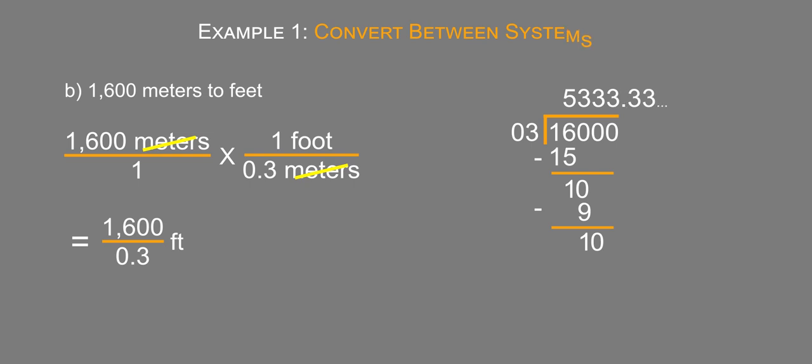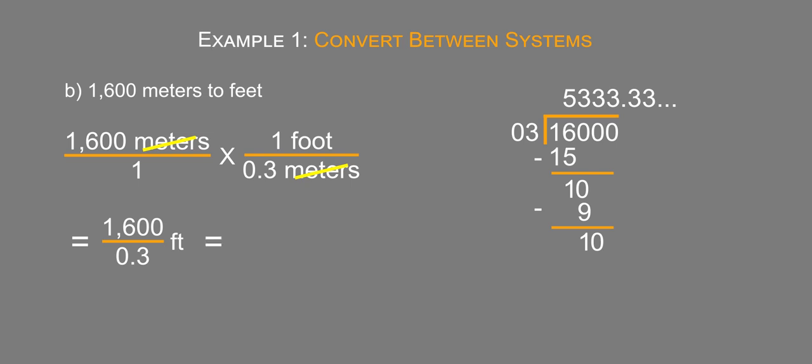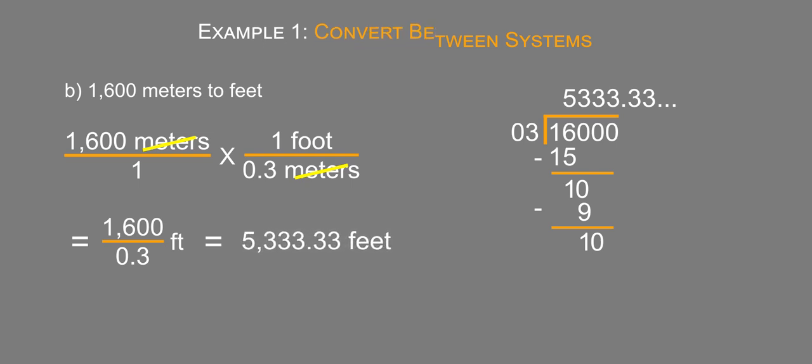So using the chart on page 320, 1,600 meters is approximately 5,333.33 feet.